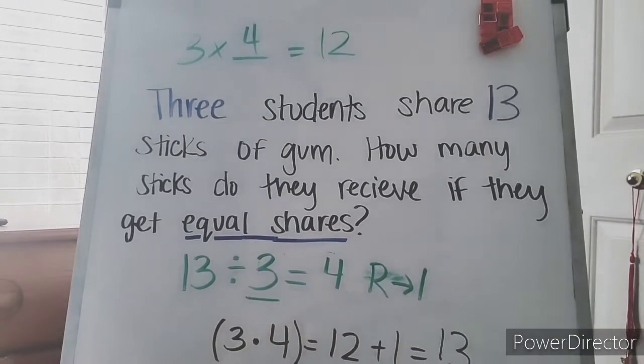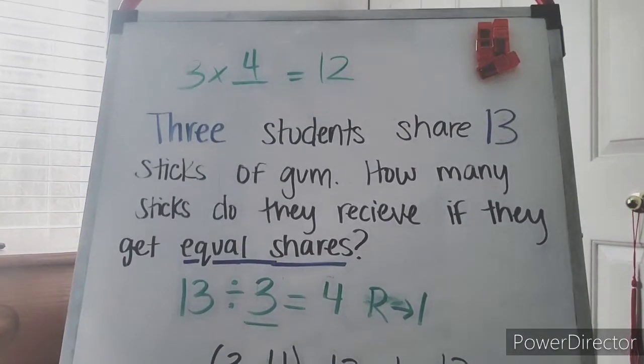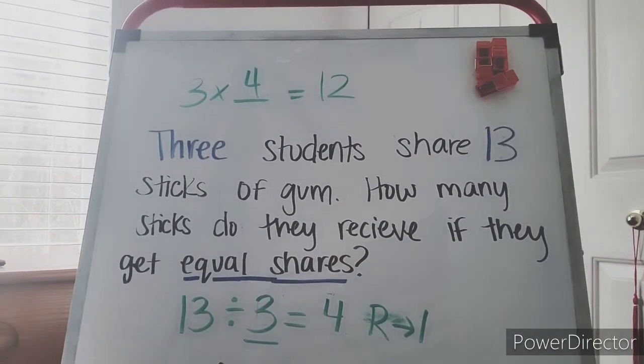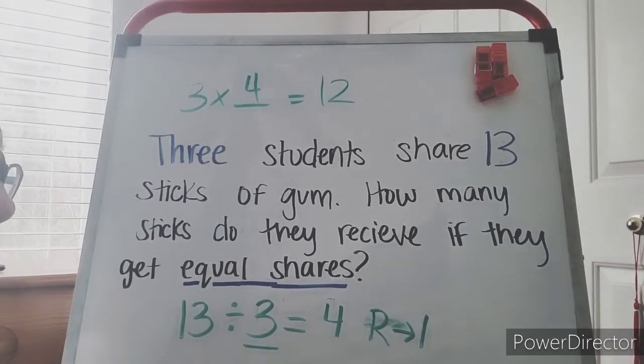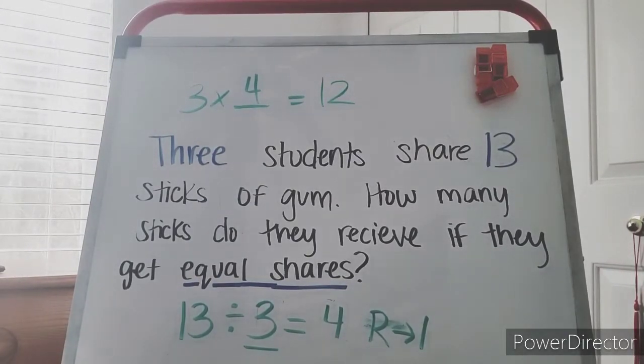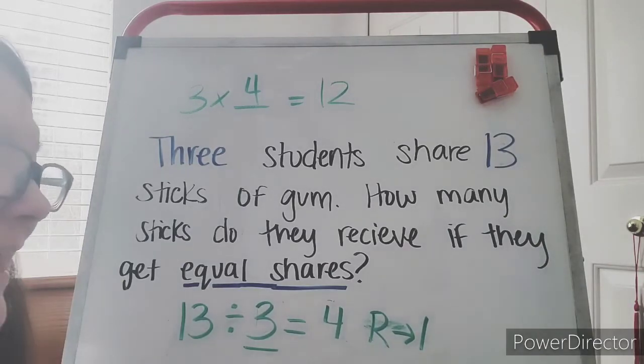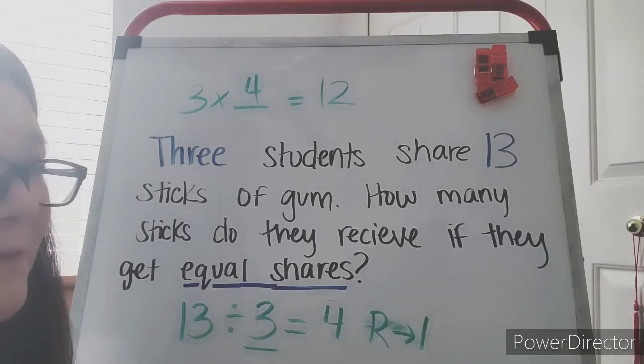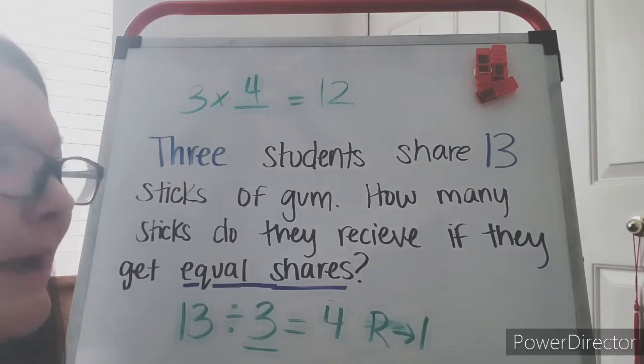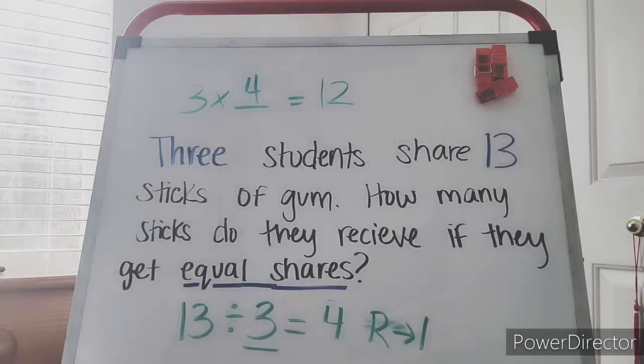That remainder is tricky because what are we going to do with it, right? I have 1 more stick left. Now, when I talk about remainders, that's how many we have left. There are a few things I can do with my remainders, but it all depends on the problem. It all depends on what I'm talking about.